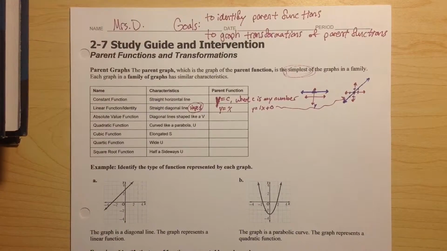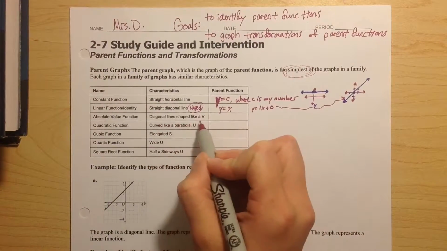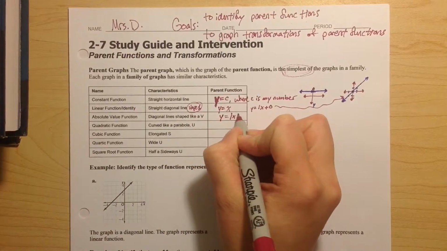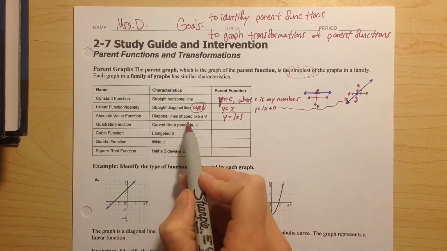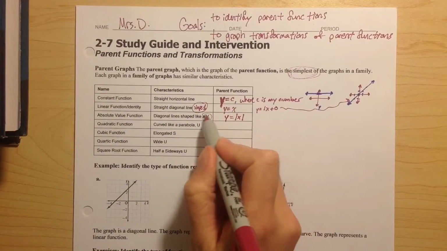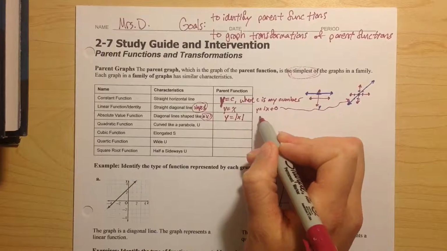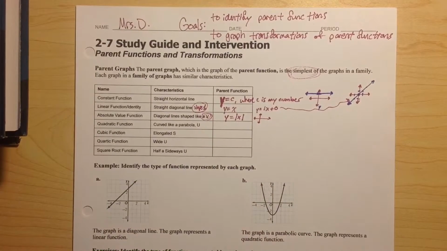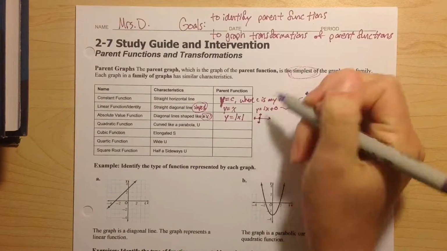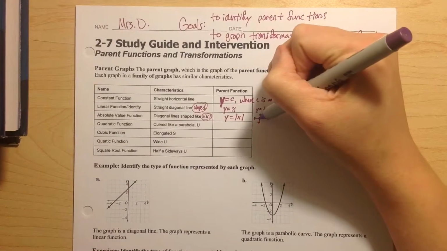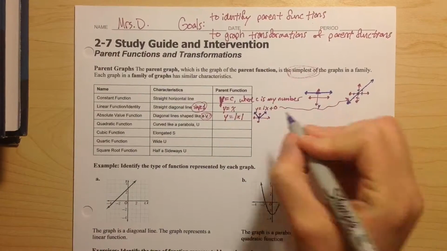An absolute value function is made of diagonal lines shaped like a V. Specifically, it's y equals the absolute value of x. This is one that we're going to be working with a lot for the rest of the chapter, so make sure you know this one. So it's shaped like a V. When we graph that out, we have something like that on the one side and something like that on the other side.